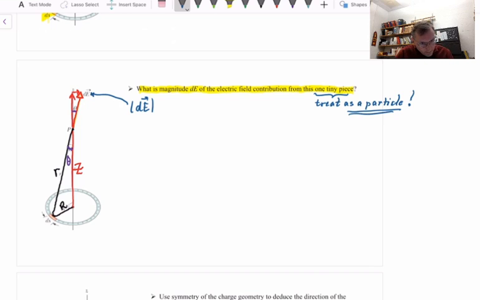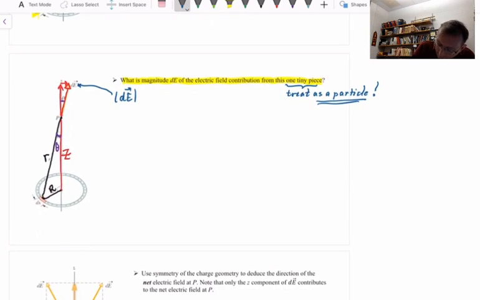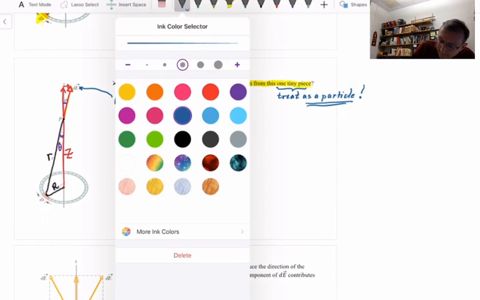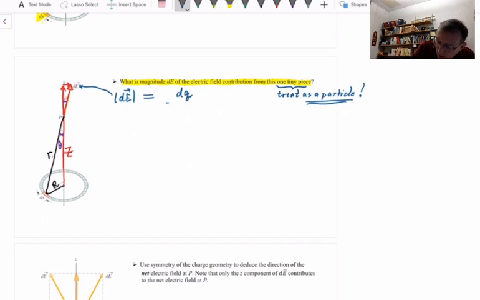We are at point P. So dE magnitude for that little piece is the charge of that little piece, dQ, over 4 pi epsilon 0 little r squared, where r is the distance from that little piece to point P.